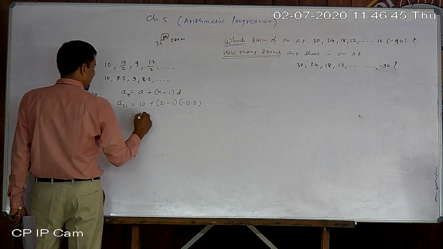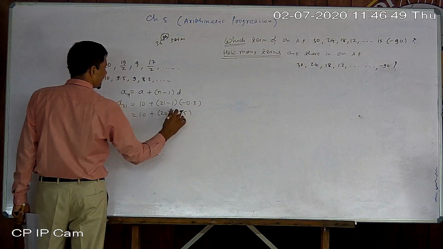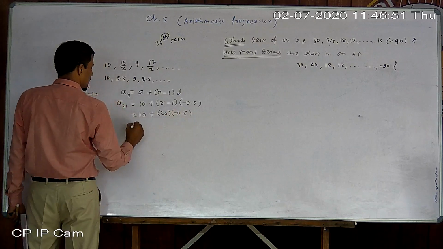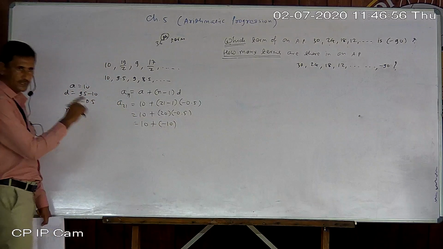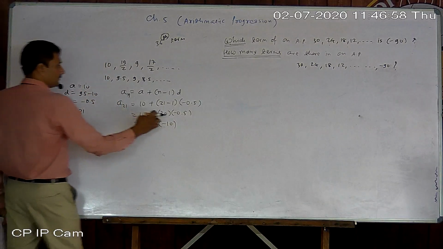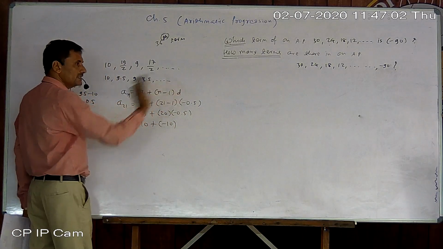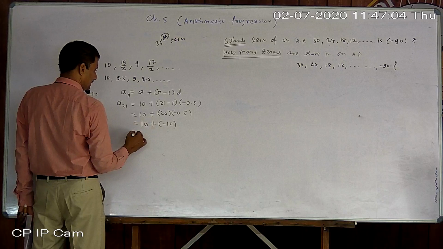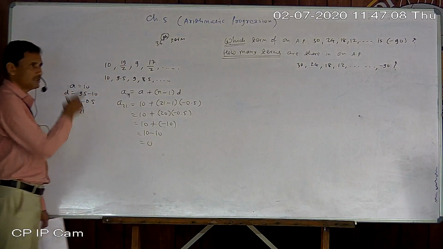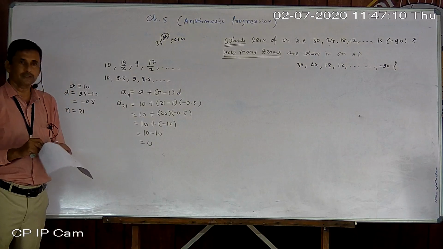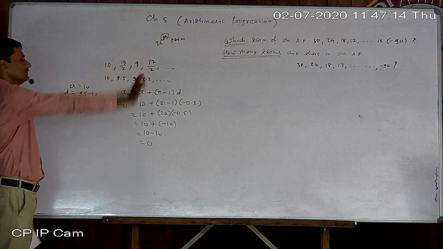So it is equal to 10 plus 20 into minus 0.5. So 10 plus, this will be minus 10. Why minus 10? Just know here, 20 into 0.5 is 10. So 10 minus 10 is 0. So the 21st term of this arithmetic progression will be 0. Why? It is decreasing.